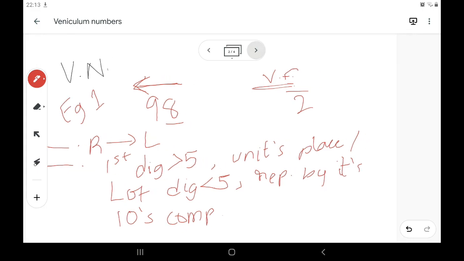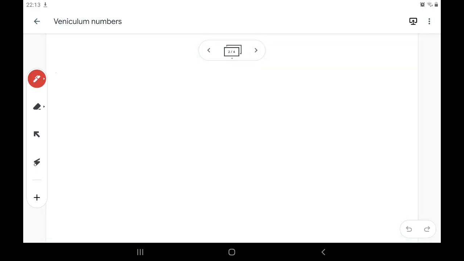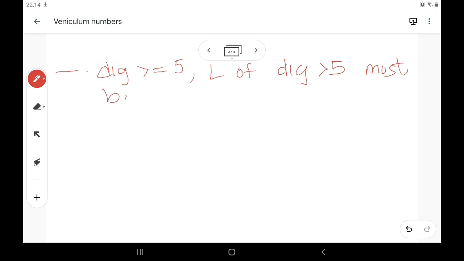Now, the third rule is a digit greater than or equal to 5 and to the left of a digit greater than 5 must be replaced by its nines complement.